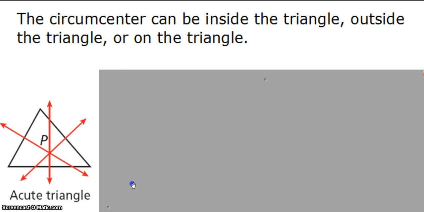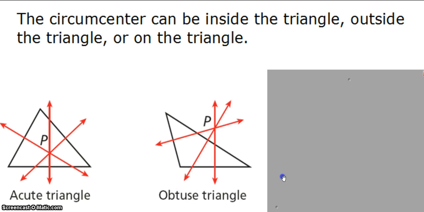We can say that the circumcenter can be inside the triangle, outside the triangle, or on the triangle. For an acute triangle, when those perpendicular bisectors are drawn, the circumcenter is inside the triangle. For an obtuse triangle, look at this, it's very interesting. The perpendicular bisectors intersect outside the triangle.